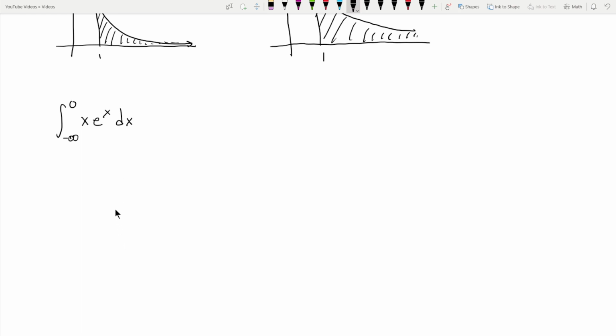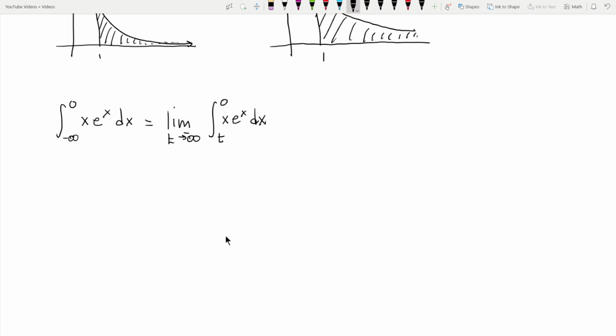All right, so we use the second part now of the definition because our infinite bound is on the bottom. So this is going to become the limit as t goes to negative infinity of the antiderivative from t to 0 of x e to the x dx.